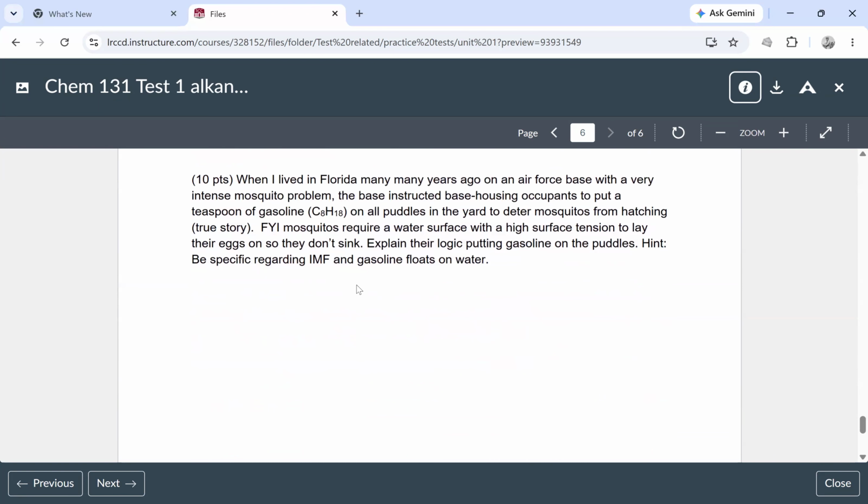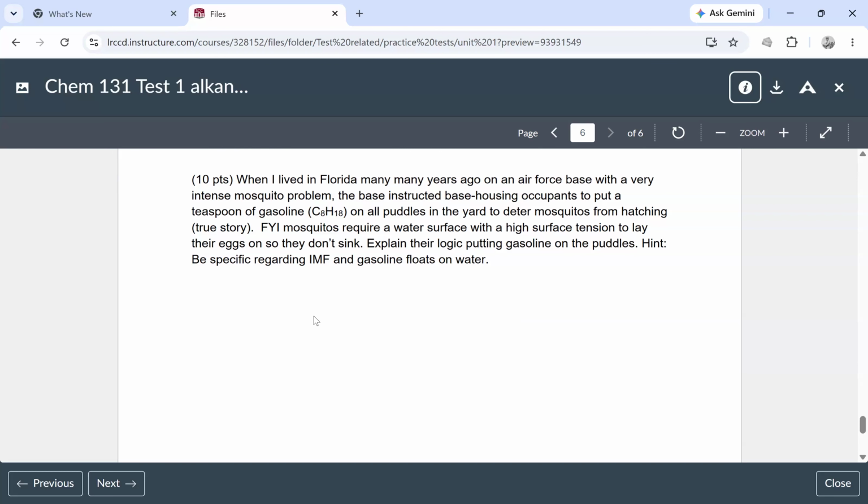Anyway, well, this is an interesting problem. My dad was in the Air Force, and we were stationed down at Homestead Air Force Base, which is south of Miami. Tons of mosquitoes, tons. So this is what the Air Force Base would do to the mosquito problem. They told us to put a teaspoon of gasoline on all the puddles in the yard.